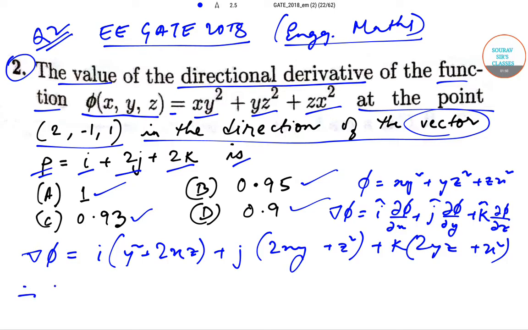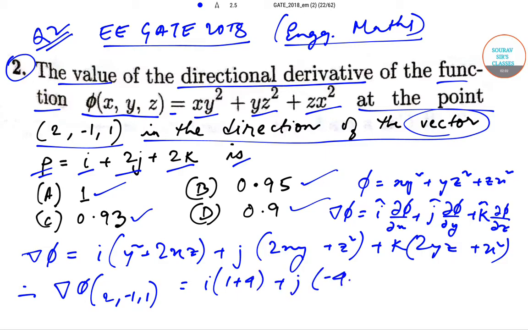So this will give us at the point 2, -1 and 1 is equal to i into 1 plus 4 plus j into -4 plus 1 plus k into -2 plus 4, and this will be equal to 5i minus 3j plus twice of k.